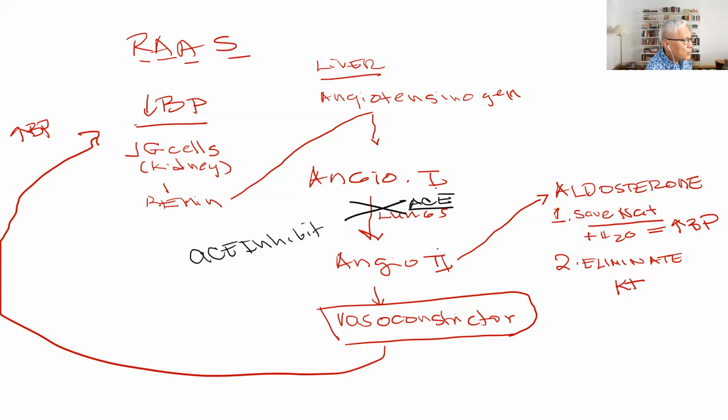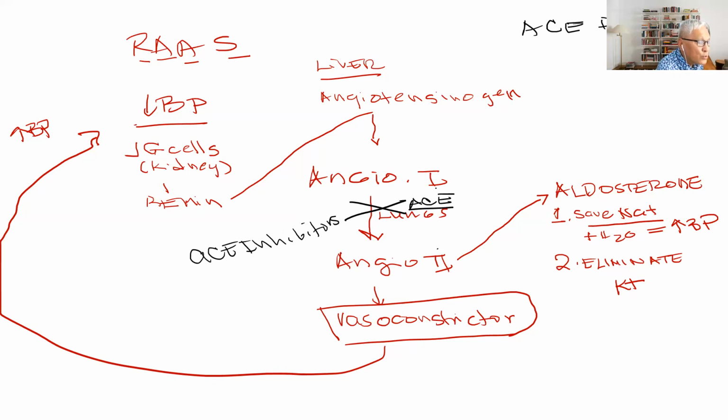What then is going to happen to your blood pressure? It's going to decrease, it's going to eliminate sodium, and therefore decrease your preload so that the heart can pump properly, but it also saves potassium. So one of the interventions is going to be ACE inhibitors.